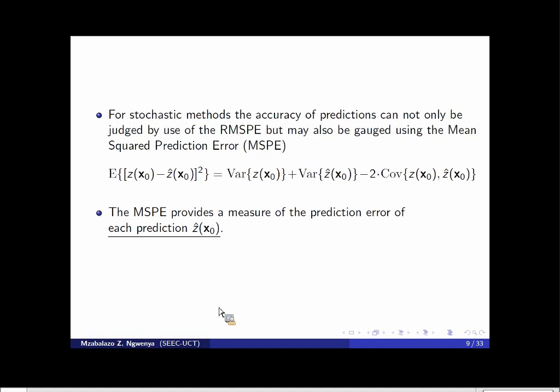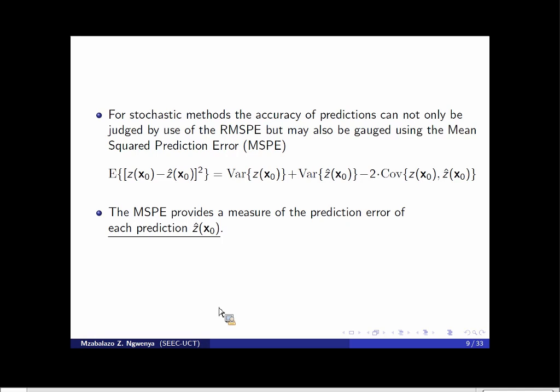So with the stochastic methods, as before with the deterministic methods, you can check how good your average predictions are using cross-validation and your root mean squared prediction error. But in addition, you can also judge the accuracy at a particular point.